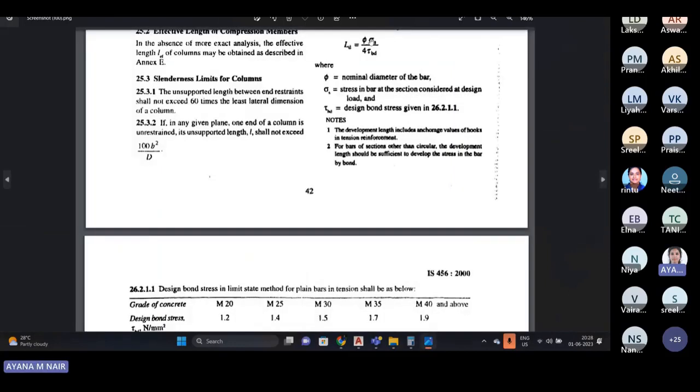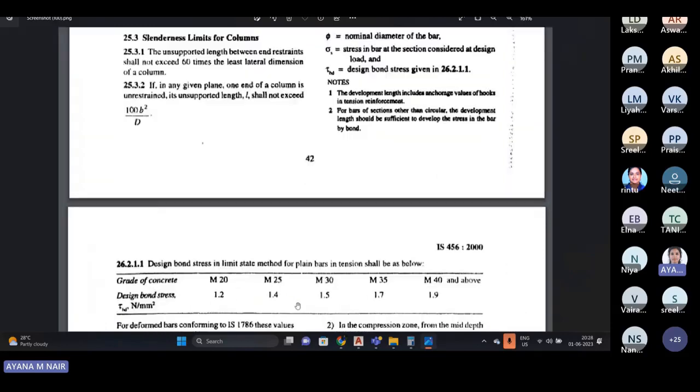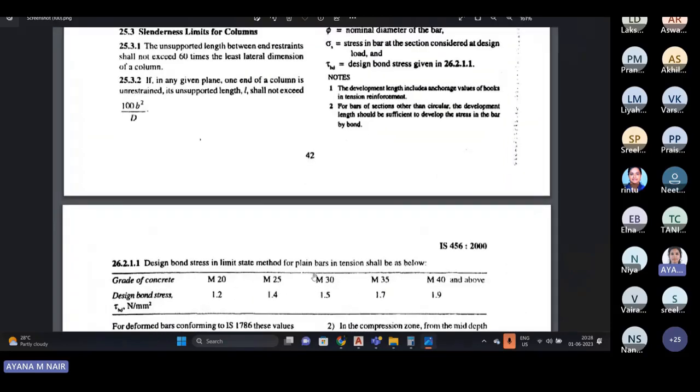You can see here Ld is equal to phi sigma s by 4 tau bd. So this phi is the nominal diameter of the bar provided. Here we have a 16 mm dia bar, and sigma s is the stress in the bar at the section, and tau bd is the design bond stress. So we are taking this tau bd from the table 26.2.1.1, and in this case we are using M30 concrete.